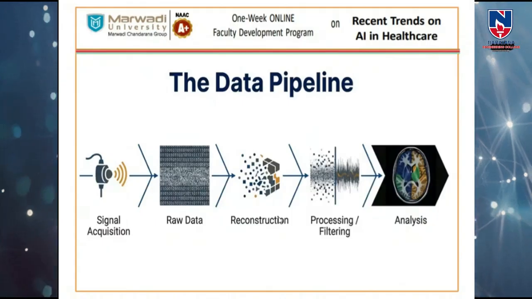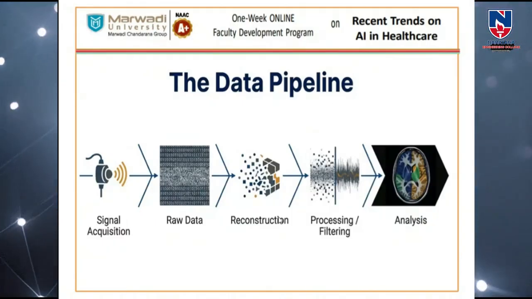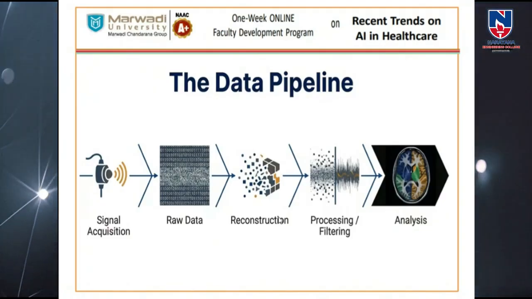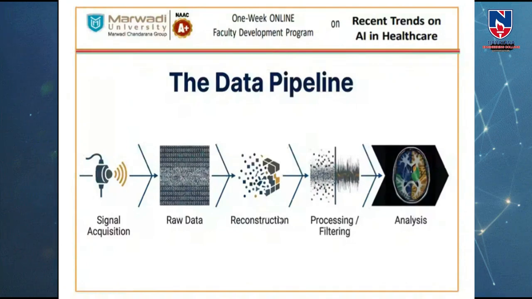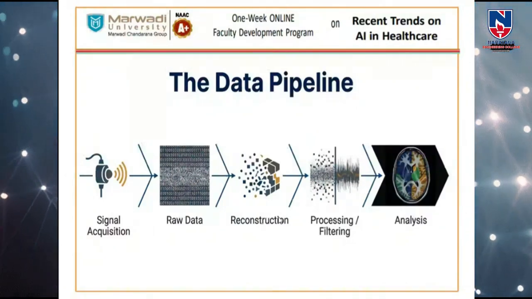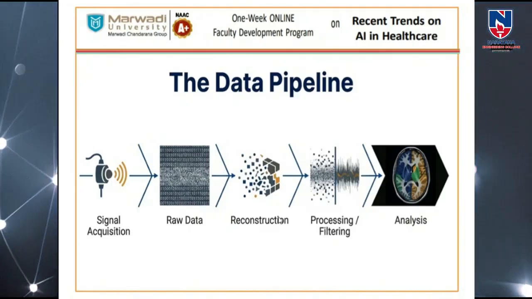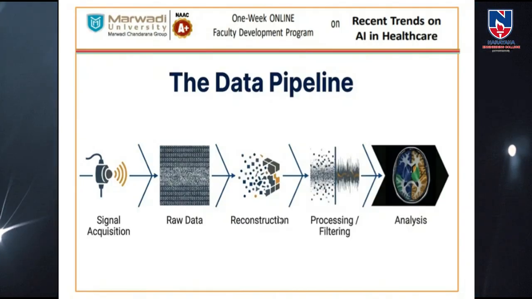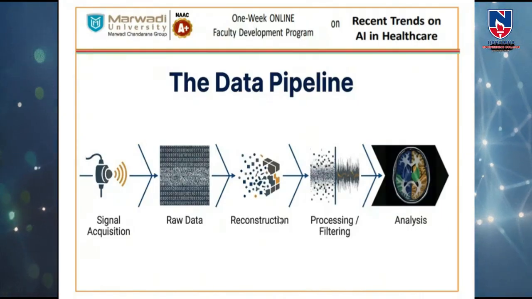That means it should be reconstructed by using some techniques. Then you have to go for the processing of the raw data. And at the end, from the raw data of that image, you have to extract the single image, which should give qualitative as well as quantitative information to analyze.